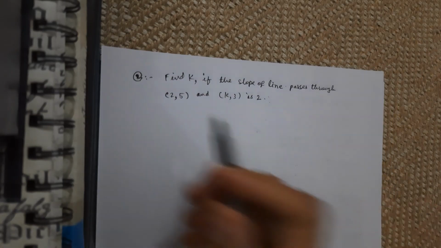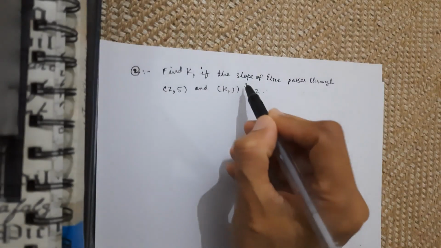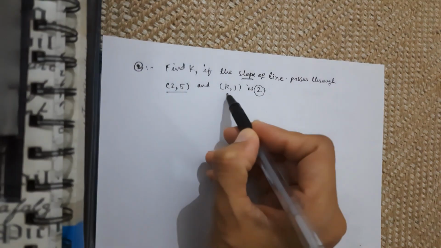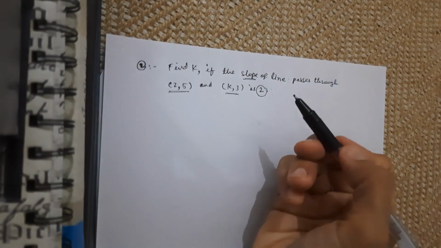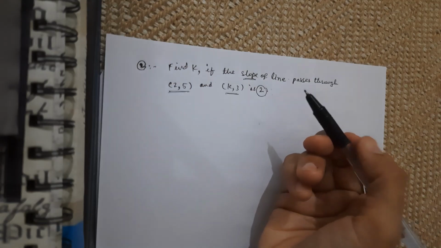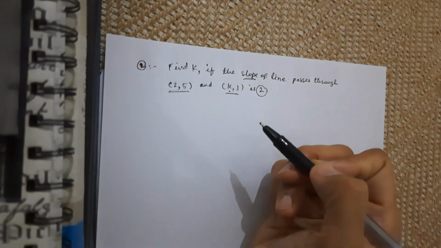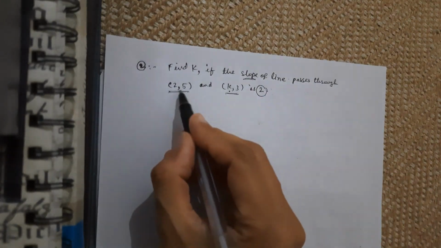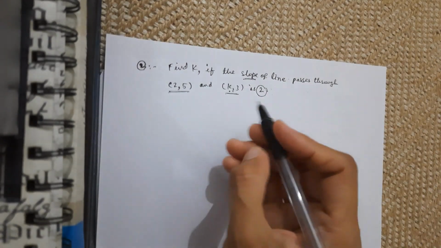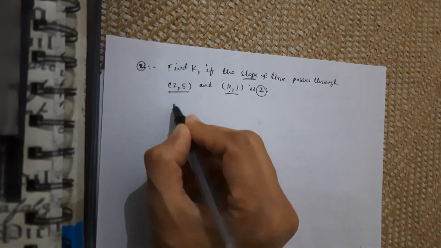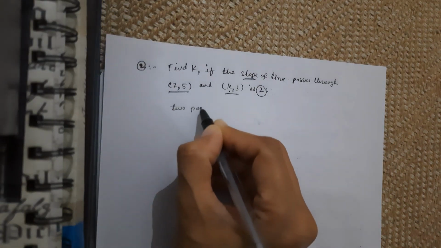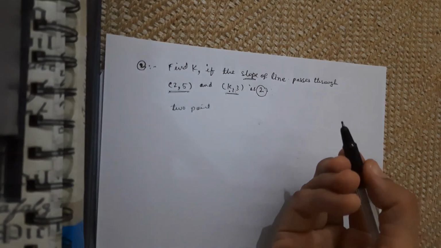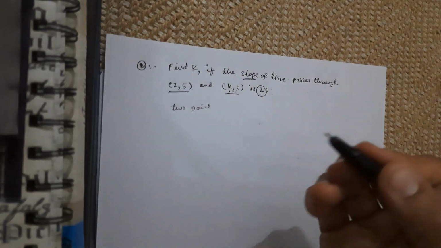Here the angle of inclination is not given. The slope of the line is given as 2, and 2 coordinates on that straight line are given. We need to find the value of k. Since two points are given, the 2-point slope formula will be used here. See what information is given in the example and which formula you can apply.